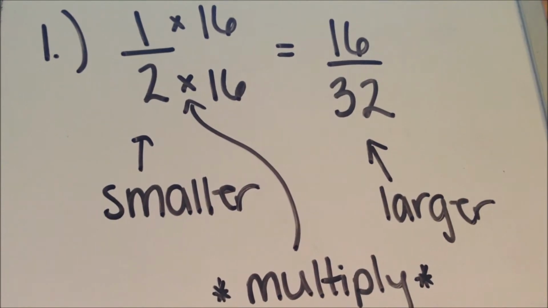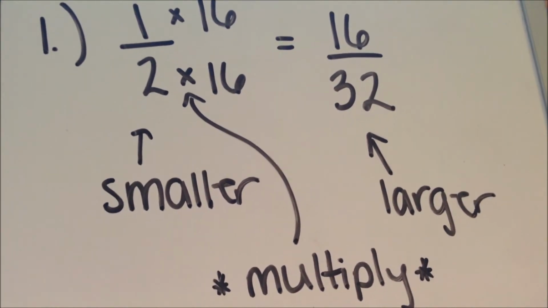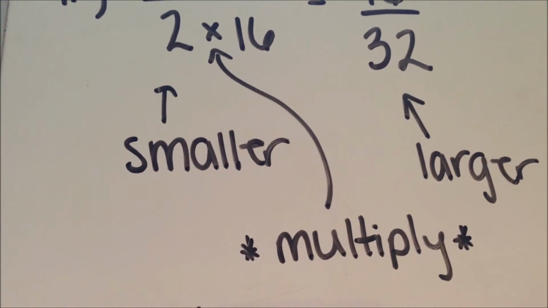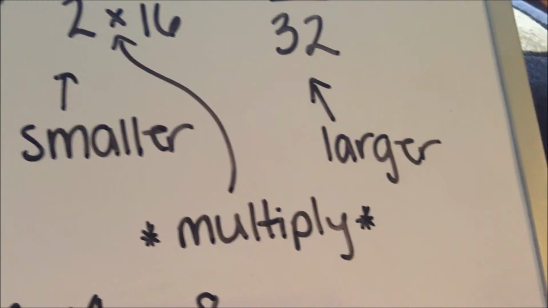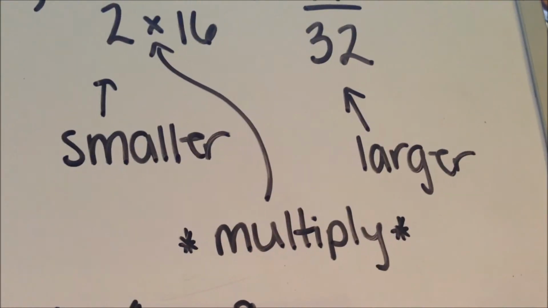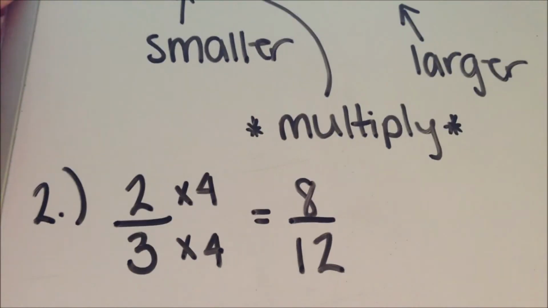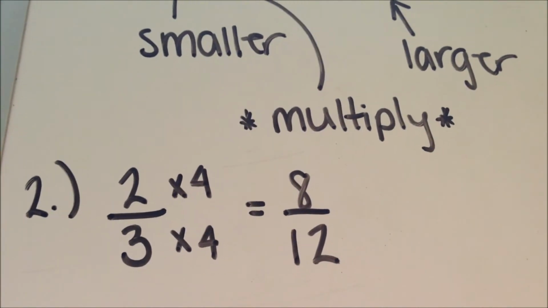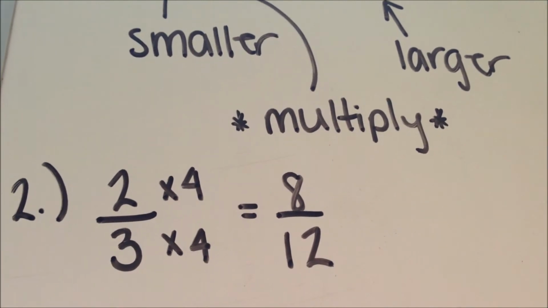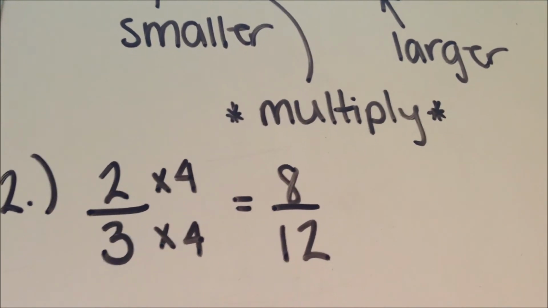We end up with 16 over 32. Please note that if your denominator goes from smaller to larger, then you're going to multiply. Number 2, we have 3 times 4 equals 12. Therefore, we have to do 2 times 4, which equals 8.